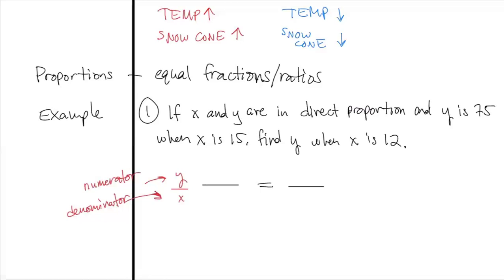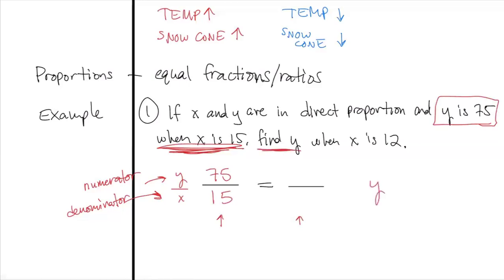So let's take a look. It says y is 75. So they're in direct proportion and y is 75. So I'm going to place 75 where y is. But y is only 75 when x is 15. So that's their direct variation. As x is 15, y has to be 75. There's a pattern in here, and we're going to use that pattern to unlock this mystery, which is I need to find y.